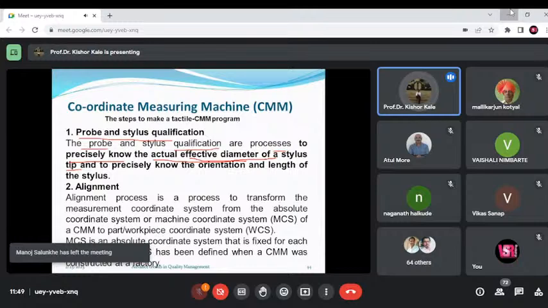So this is again a drawback of the coordinate measuring machine, that if the part is flexible enough, it is very difficult to get the exact location or exact accuracy, which will be reduced for flexible parts.